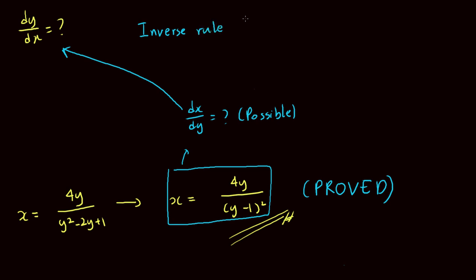Meaning to say that dy/dx is equal to 1 over dx/dy, for inverse functions. That's basically the inverse rule.